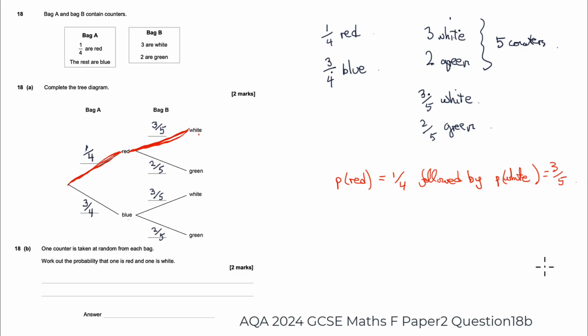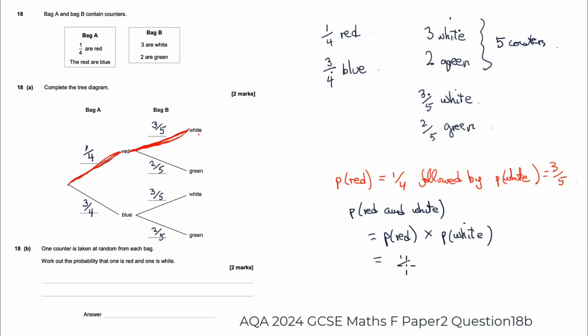And to get the resulting probability, red and white, we would multiply these two probabilities together. They're completely independent of each other. One of them doesn't depend on the other. So it's a straightforward multiplication.